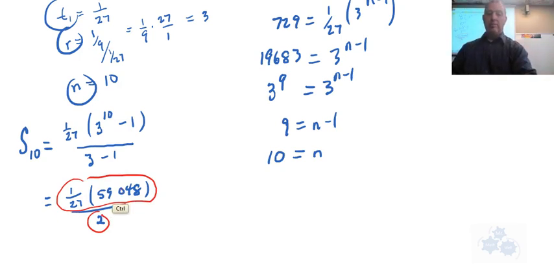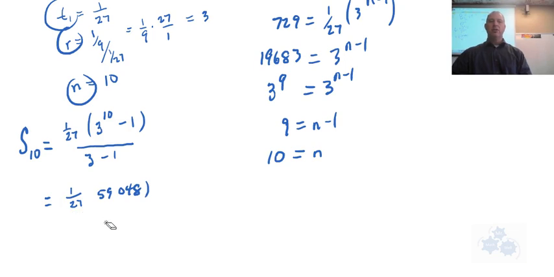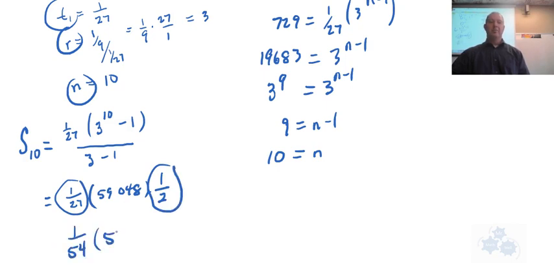You could also view dividing by 2 as the same as multiplying by 1/2. Then you could do these two first, and it's 1/54 times this big number. Whatever way you want to do it, I'm okay if you write it as a decimal here. So evaluate that and make sure you can get the correct answer.